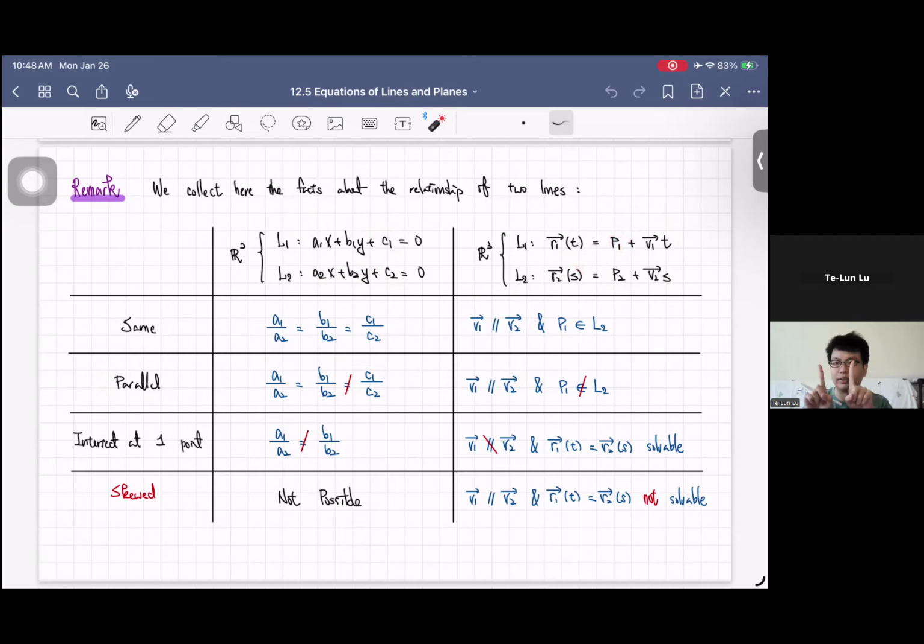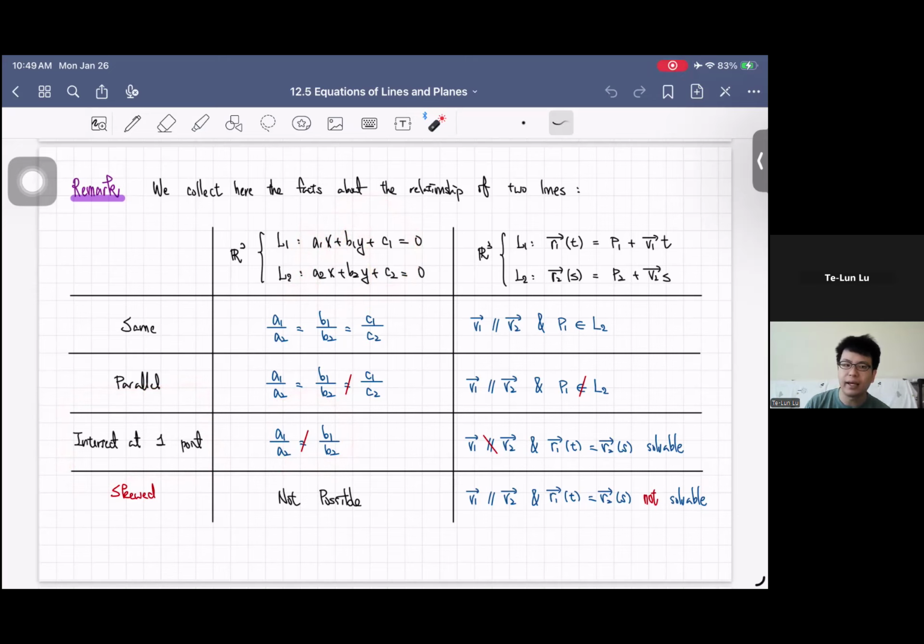So they will be parallel instead of the same. Okay. Now, when those two lines intersect at a point, in this case, it is when the slope is not the same. So A1 divided by A2 is not equal to B1 divided by B2. And that means that you will always have an intersection whenever two lines are not parallel.